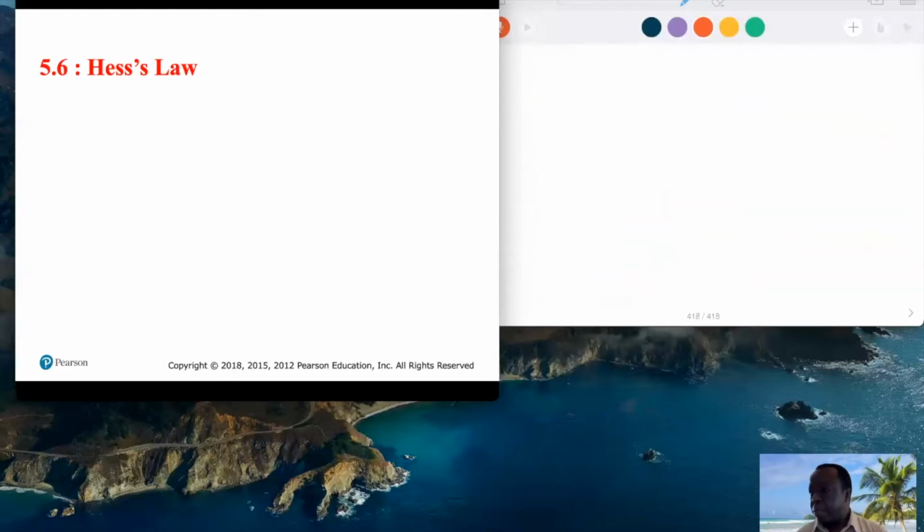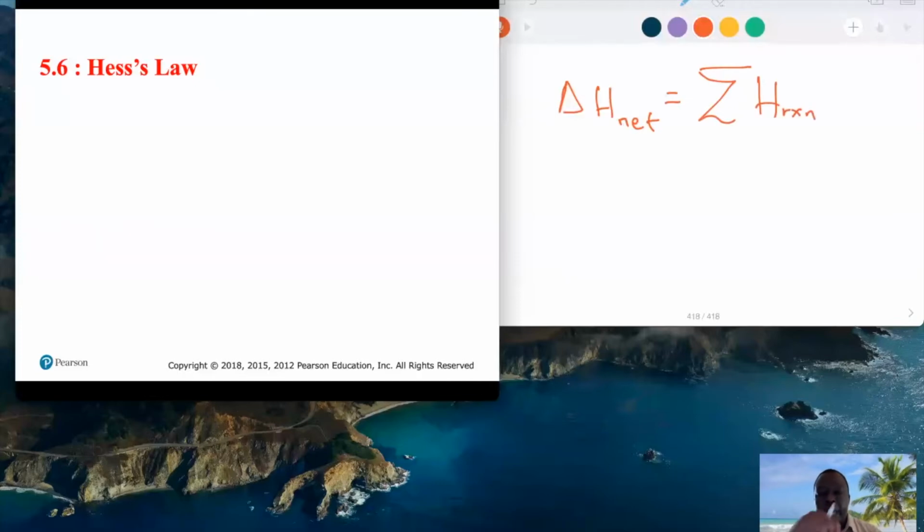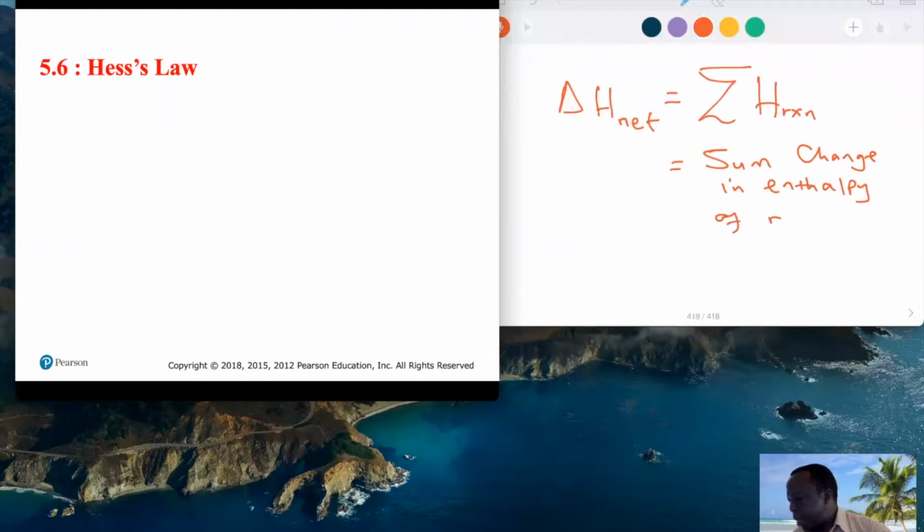In other words, the change in enthalpy for the net, that is overall, is given by the summation of the individual heats of reaction for each individual equation. It is the sum of the change in enthalpy of reaction.